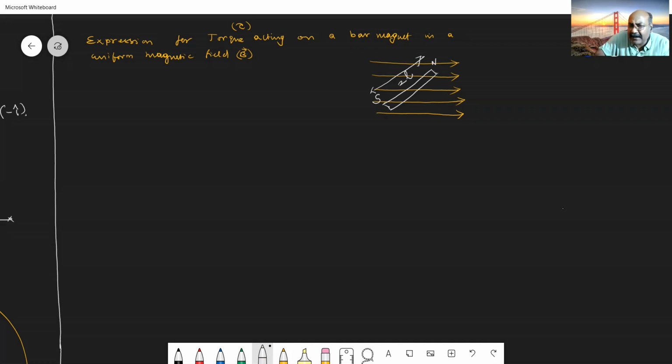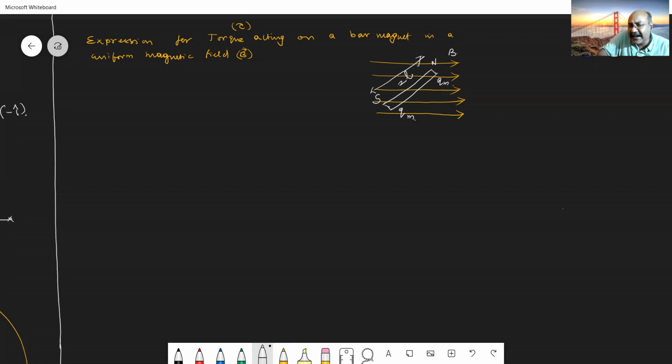The pole strength of the south pole is Qm, and the pole strength of the north pole is also Qm. When you place these poles inside a uniform magnetic field B, they experience force.